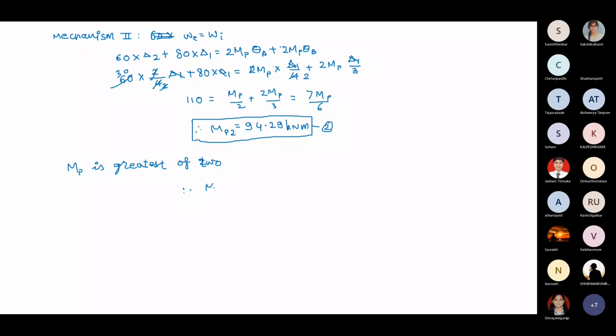Therefore, Mp is equal to 94.29 kilonewton meter.